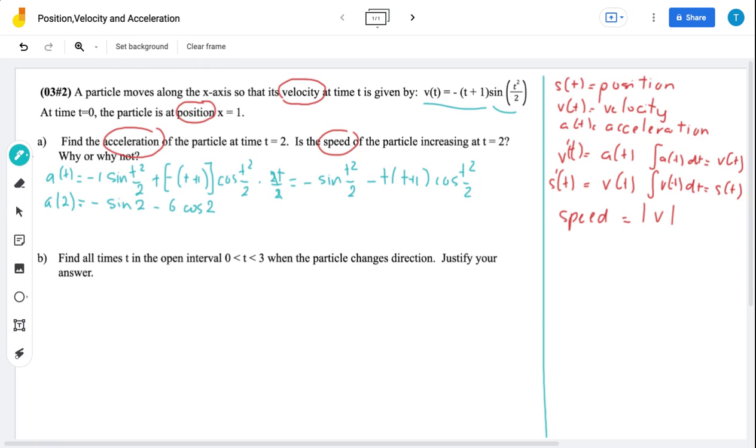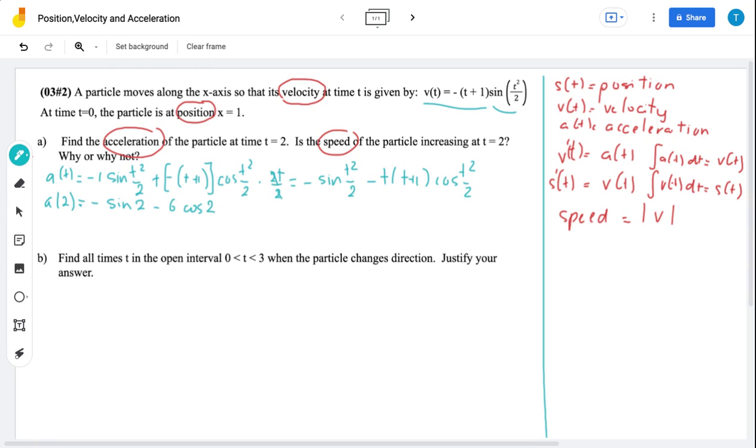Let's type minus sine of 2, minus 6 times cosine of 2.